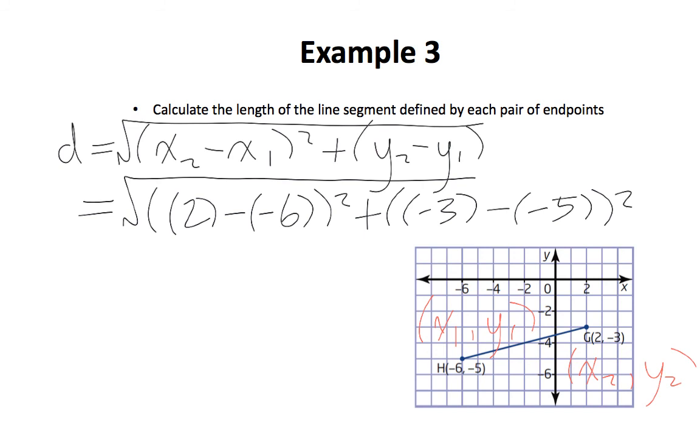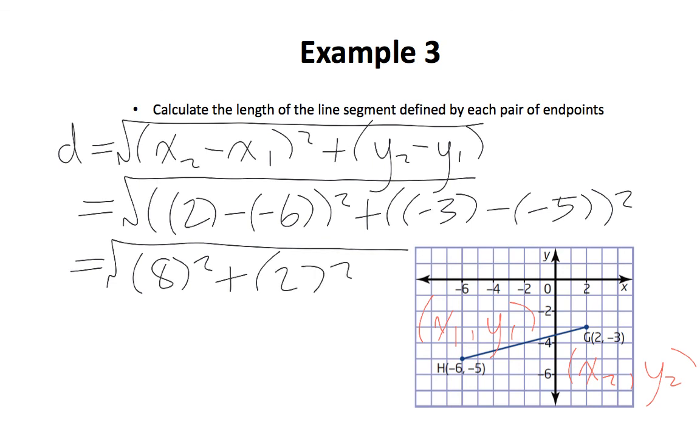We're going to need to simplify by using BEDMAS, which means we have to do whatever's in the brackets first. 2 minus -6 is the same thing as 2 plus 6, which is equal to 8. And -3 subtract -5 is the same thing as -3 plus 5, which is equal to 2.